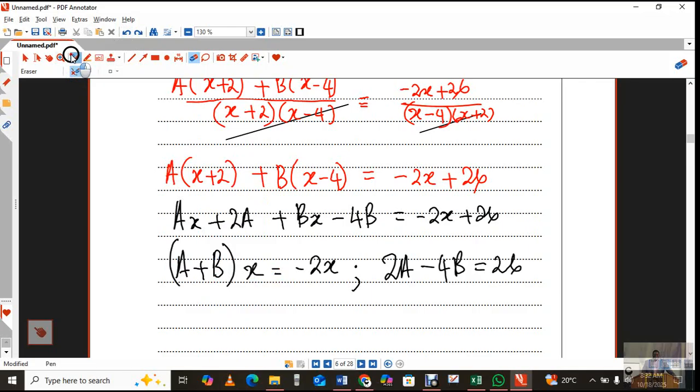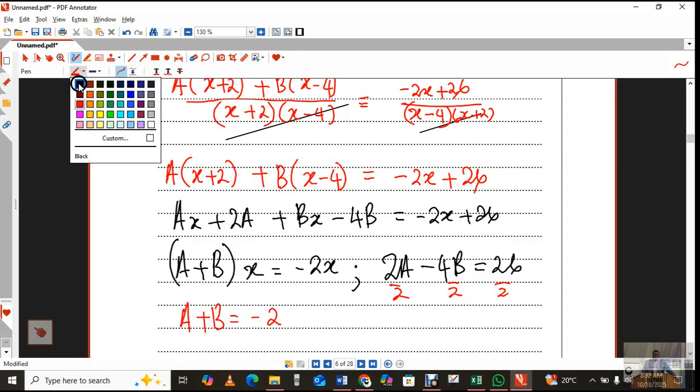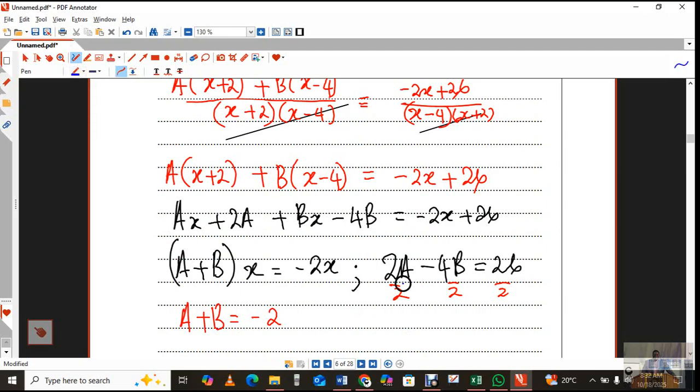So at the end of the day, let's just say this is the equation a plus b is equal to negative 2. And this equation, I'm just going to clean it up by dividing this equation by 2 over here and 2 over here and 2 over here. So that equation becomes a minus 2b is equal to 13.